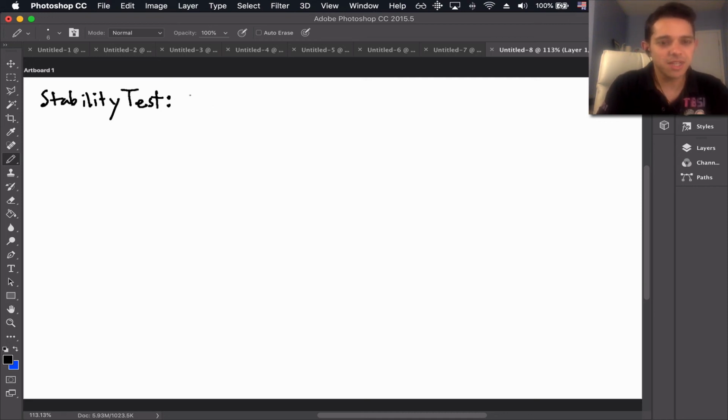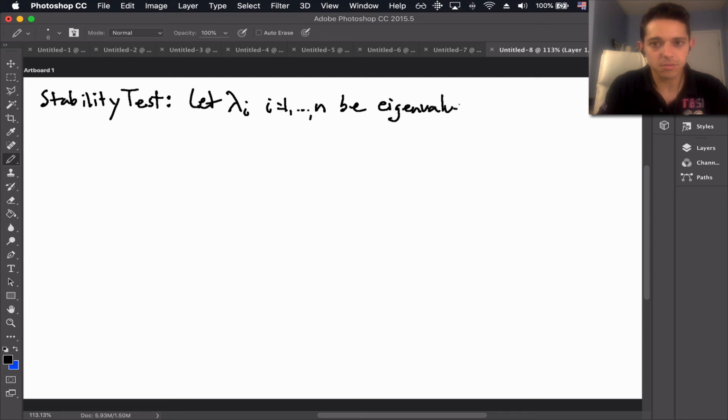So first, let me remind you about eigenvalues, because that's the key mathematical object in the stability test. So let's denote lambda sub i, where i is just an index from 1 to n, to be eigenvalues of system matrix A.